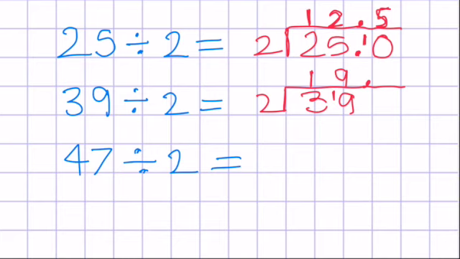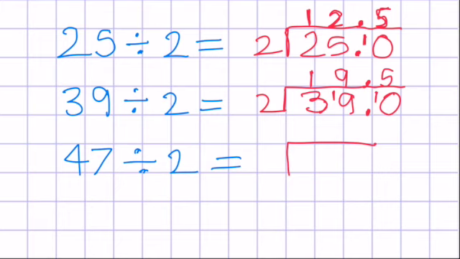So we put our decimal place, put that 0 there. 2 goes into 10 5 times. So 39 divided by 2 is 19.5. In the same way that 25 divided by 2 was 12.5. Have a go now at doing 47 divided by 2.